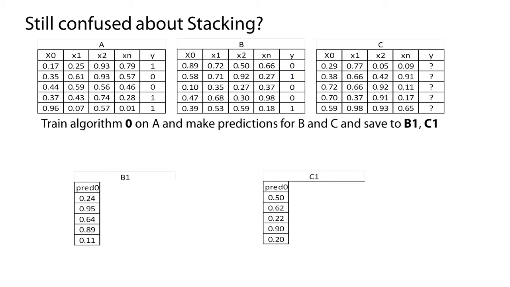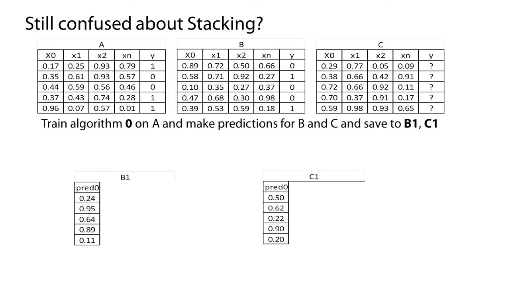Now we will take these predictions for B and C and we will create two new datasets, one for B and one for C. Let's call them B1, C1. B1 holds the predictions for the B dataset, C1 holds the predictions for the C dataset from an algorithm trained on the A dataset.